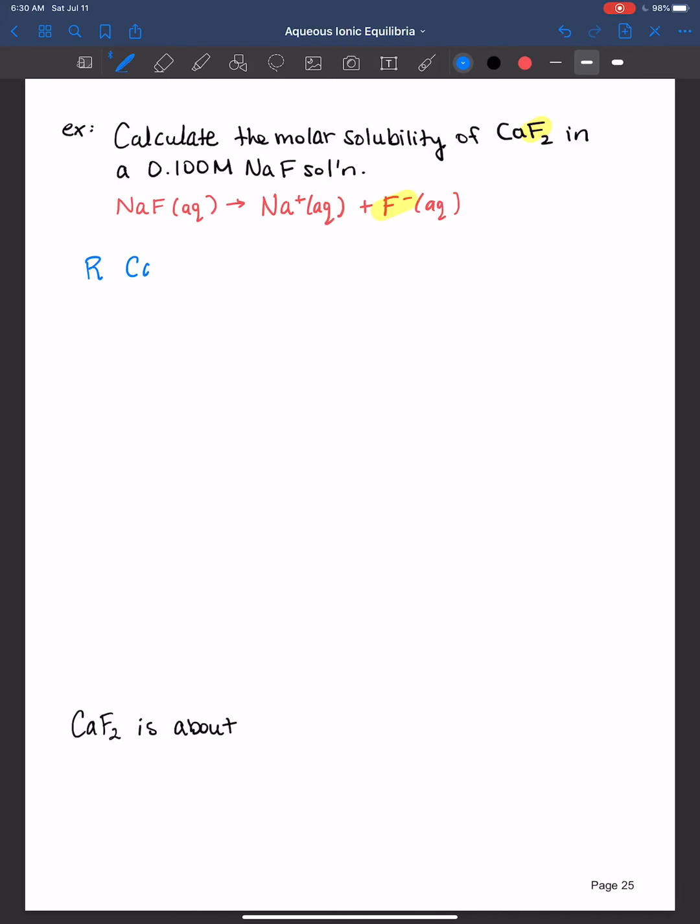So calcium fluoride. This one's the very insoluble salt. And the RICE table here. So initially we have 0 calcium ions in solution. That's not the common ion. But what we do have when 0.1 molar of sodium fluoride dissociates, that's a 1-to-1 ratio.